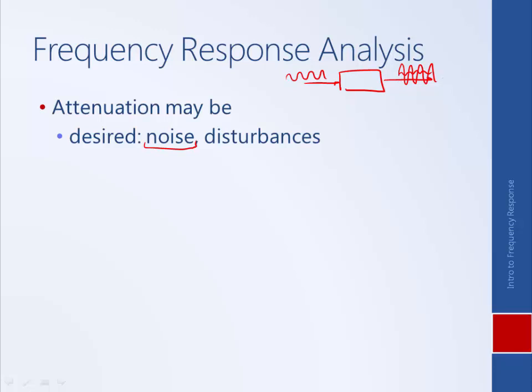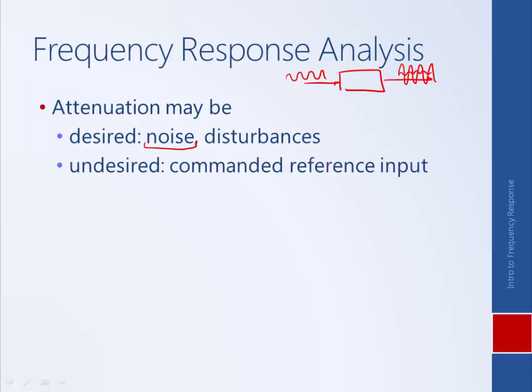Or if we're designing a control system, we may want our system to not react to certain disturbances. So if we have some disturbance coming into our control system, we don't want the output of the system to react to that disturbance. On the other hand, attenuation may be undesired. For example, let's say that we're commanding an input.